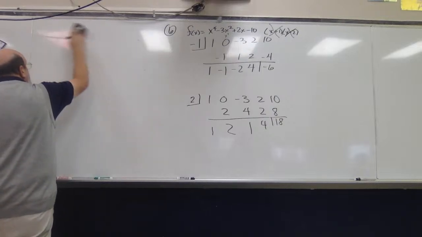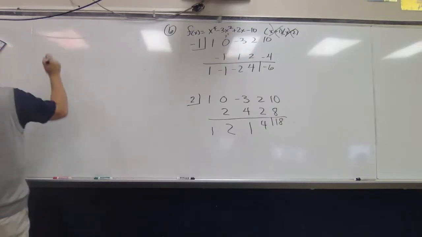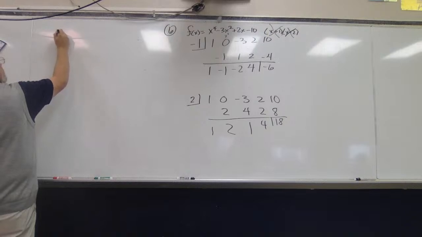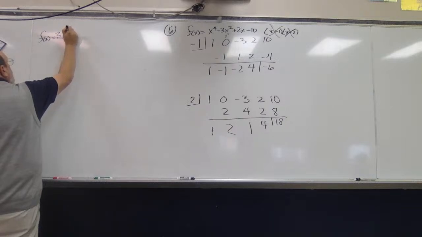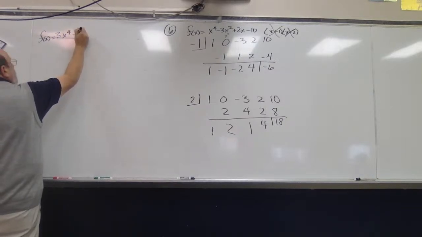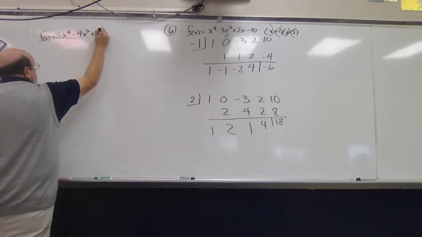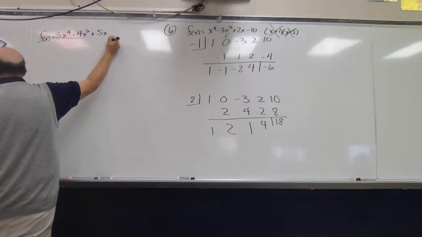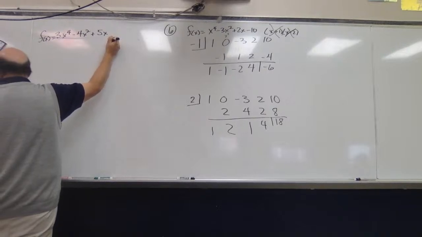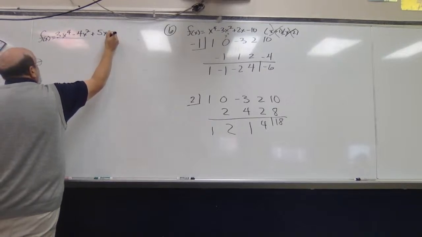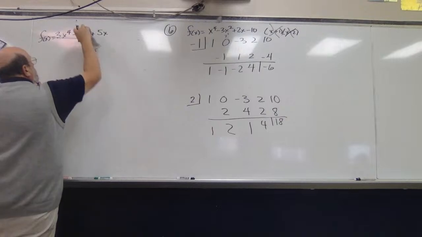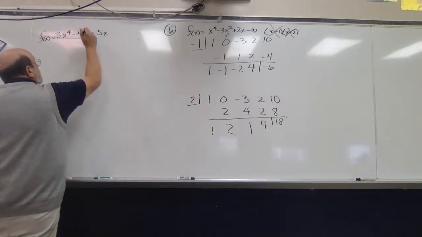So let me use f of x is 3x to the 4th minus 4x squared plus 5x. Oops, I'm supposed to have all my terms because the test does.